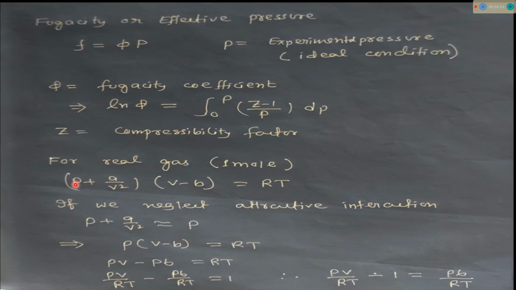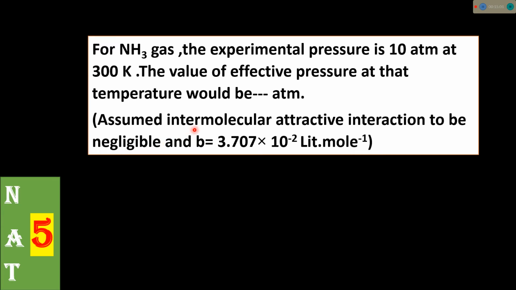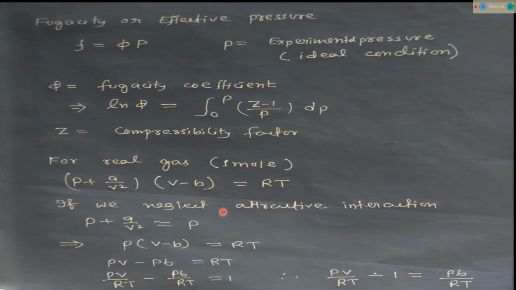So in the question, NH3 gas is given. It is a real gas, but the assumption is that intermolecular attractive interactions are negligible. So we have to neglect the intermolecular attractive interactions. This is the van der Waals equation for 1 mole of gas. If we neglect the attractive interactions, then we have to neglect this term. a is the attractive parameter and b is the repulsive parameter.